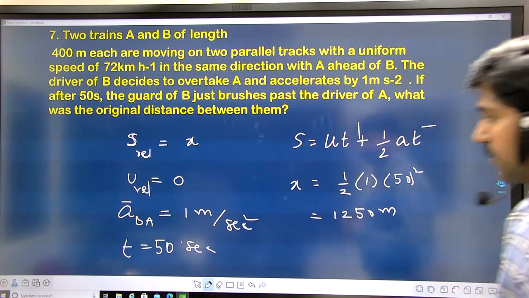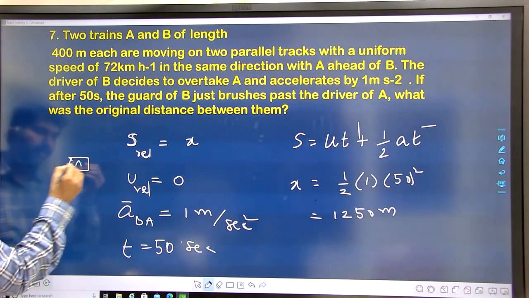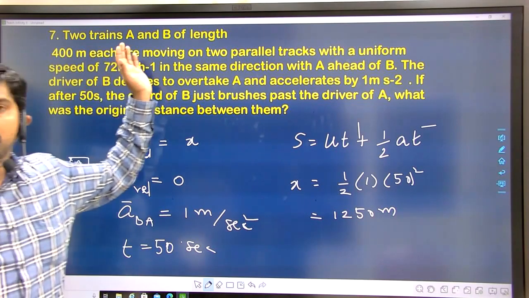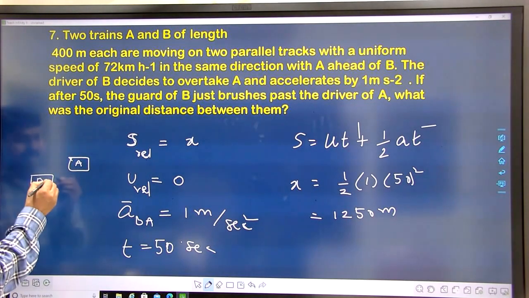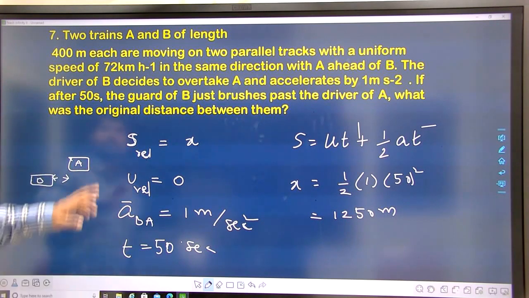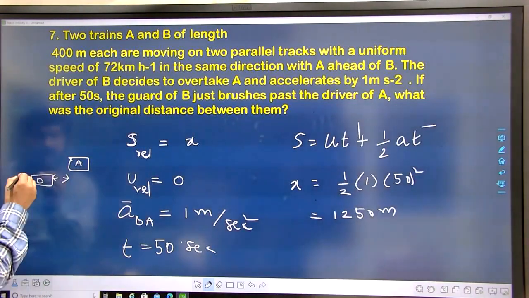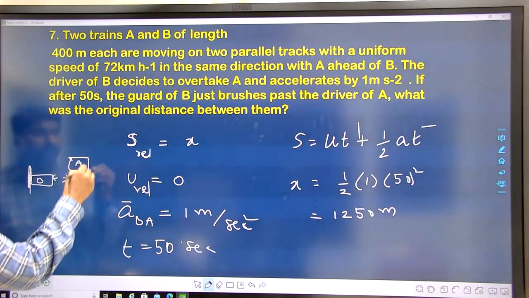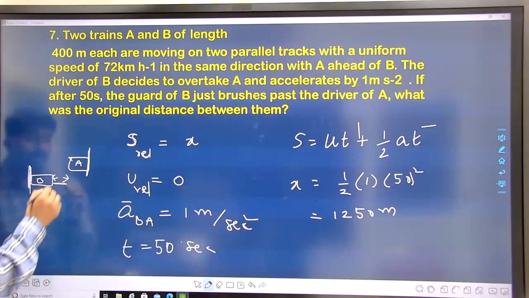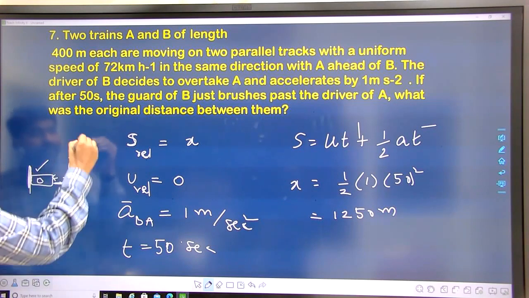Okay, but see here, for example, if this is train A and this is train B, and of course both are having the length of 400 meters each, and this is the initial separation, and finally they have given that the guard of B just brushes past the driver of A. The guard of B, the back part of B, overcomes the front part of A. That means not only the distance x, along with this distance, the length of B and length of A were also covered there.